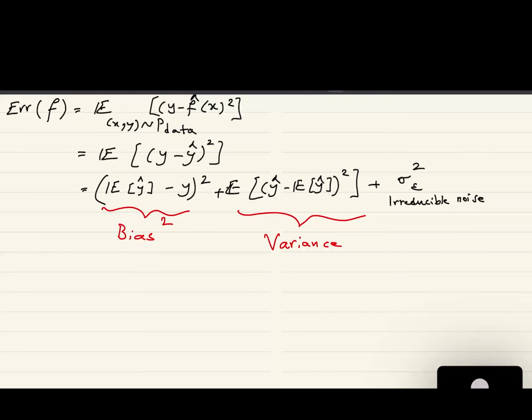The variance, on the other side, measures how much the prediction would change if we collect a fresh training set. In other words, it is the model's sensitivity to sampling noise.